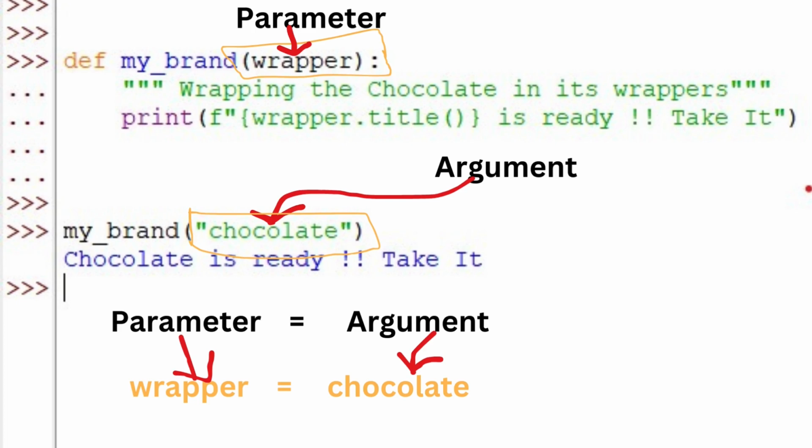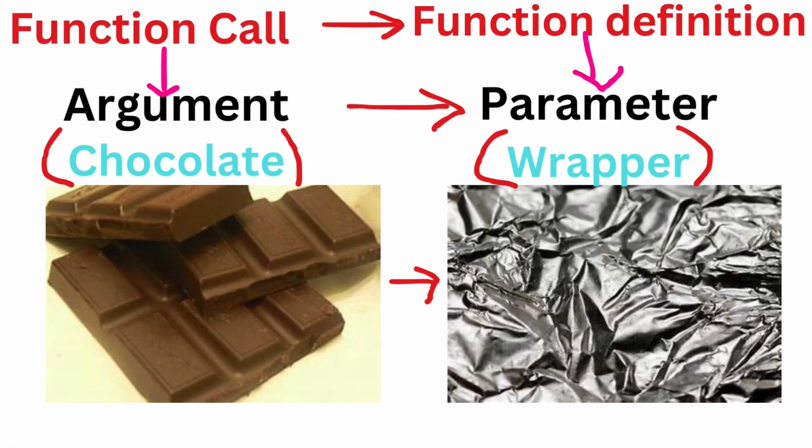Got it? So why do we use this sort of example here is to just make you guys remember it very clearly and to remove every confusion. So when we send chocolate, only then the parameter, that is wrapper, will hold it. Okay. So always remember in your mind, you are sending chocolates to the wrapper, and chocolate is nothing but the argument and wrapper is nothing but the parameter.